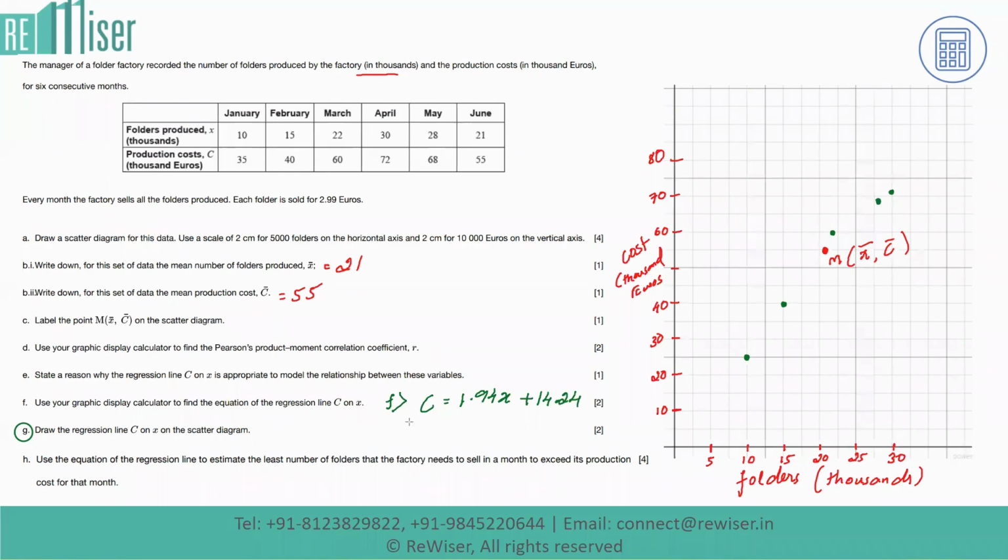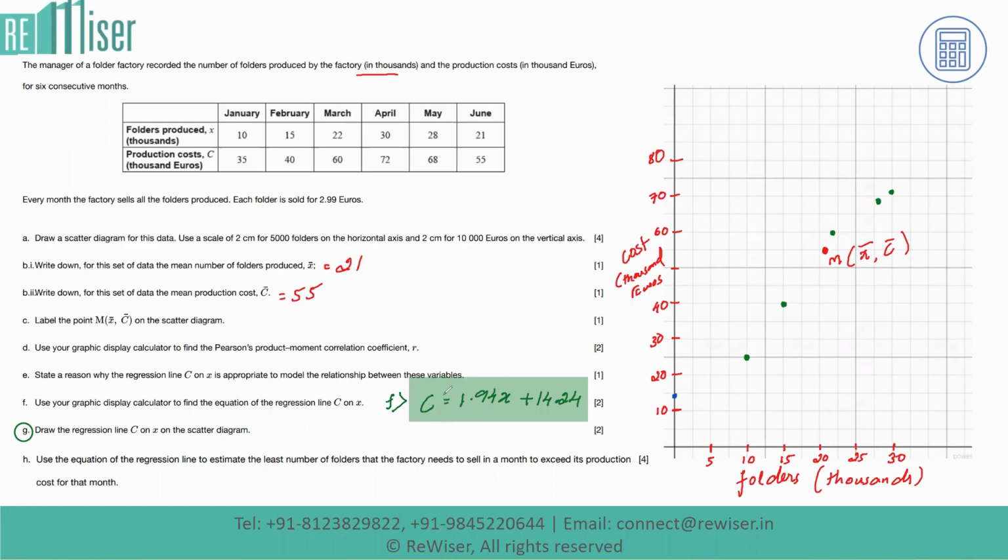In part F, we got the equation of the regression line to be 1.94x plus 14.24, where 14.24 represents the y-intercept. This point is 15, so 14.24 would be something like this. And we are talking about the gradient of 1.94.